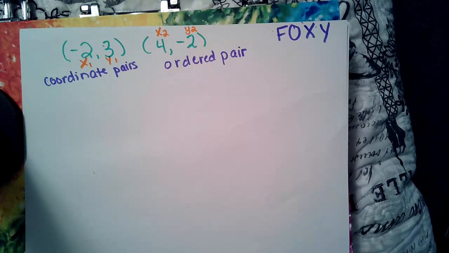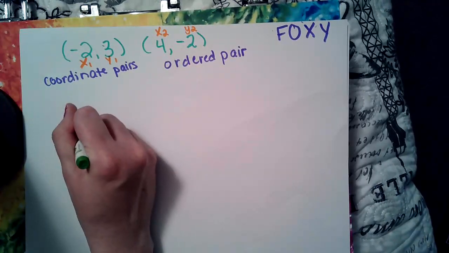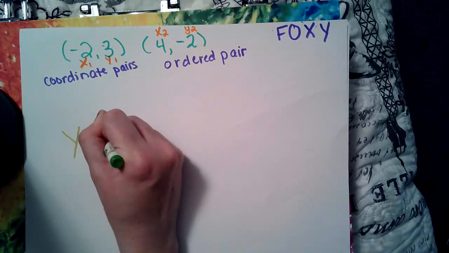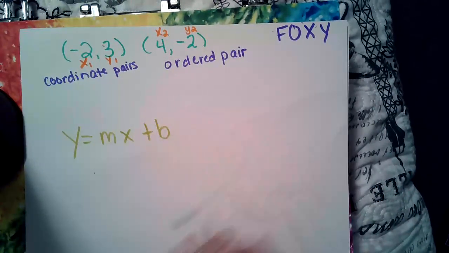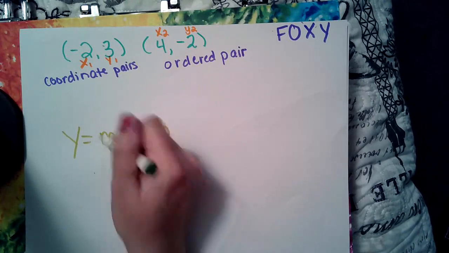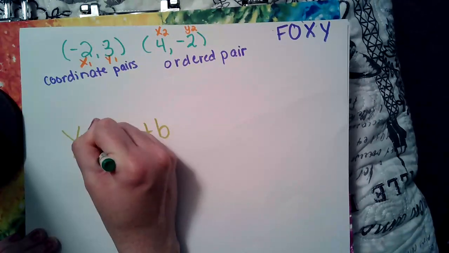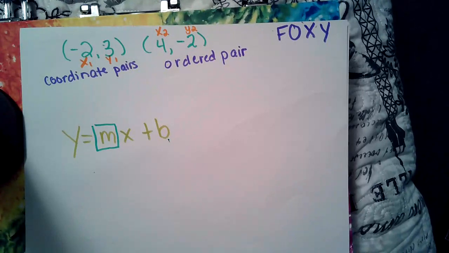So let's go back to this slope. I want to know what this slope is. So I have y equals mx plus b, and the only thing that I am being asked to look for in this particular situation is slope. It doesn't want b, it doesn't want y. I have no other information but to find slope.